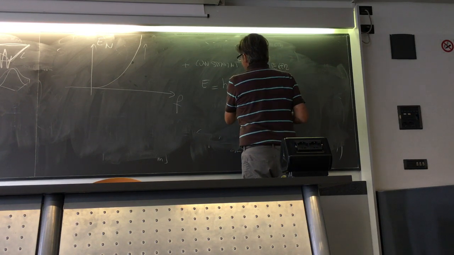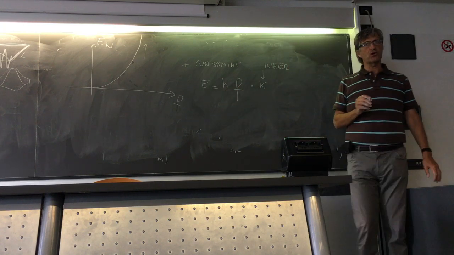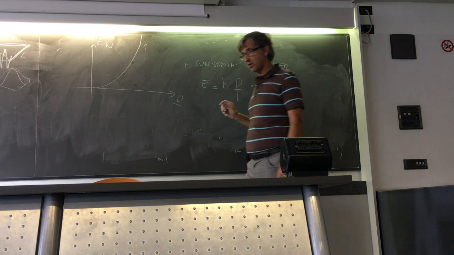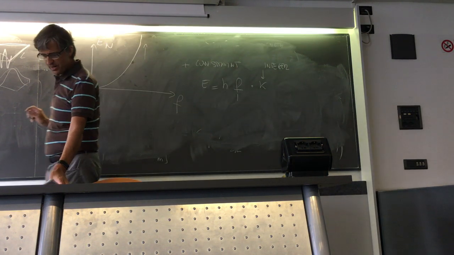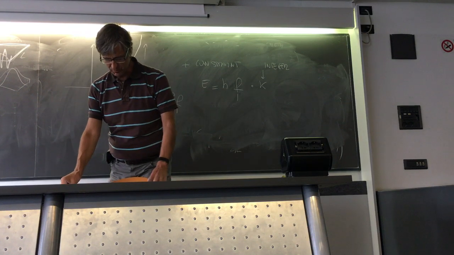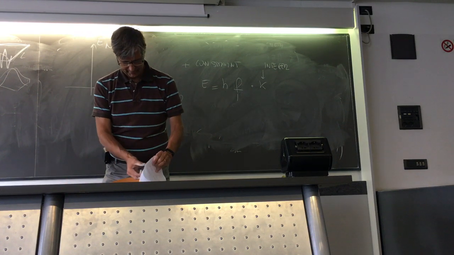The energy should be an integer number of the product of these two. What is this? This is the frequency that you are considering, and h is actually important to evaluate.